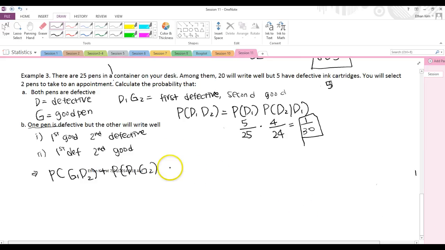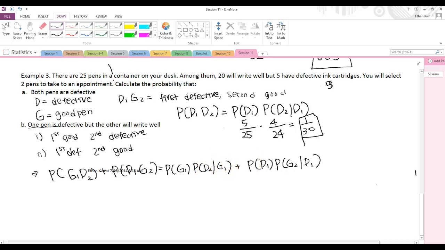Okay, let's look at this. This part we can write as probability of G1 and probability of D2 given G1, I'm just using the formula here. Probability of D1 times probability of G2 given D1.